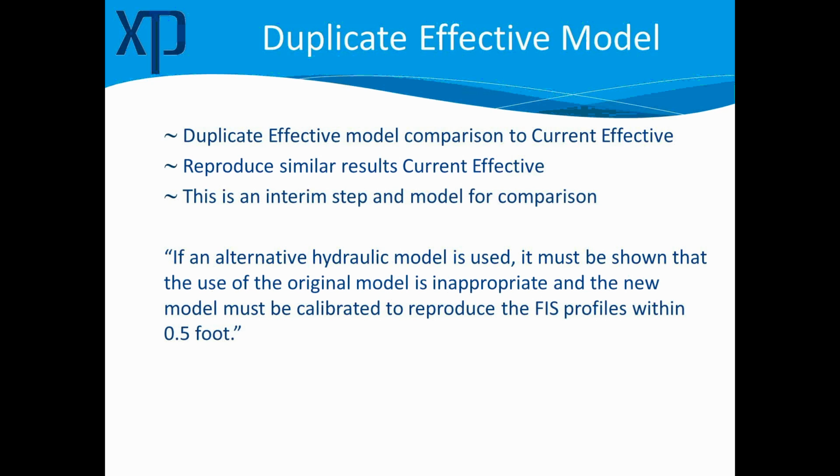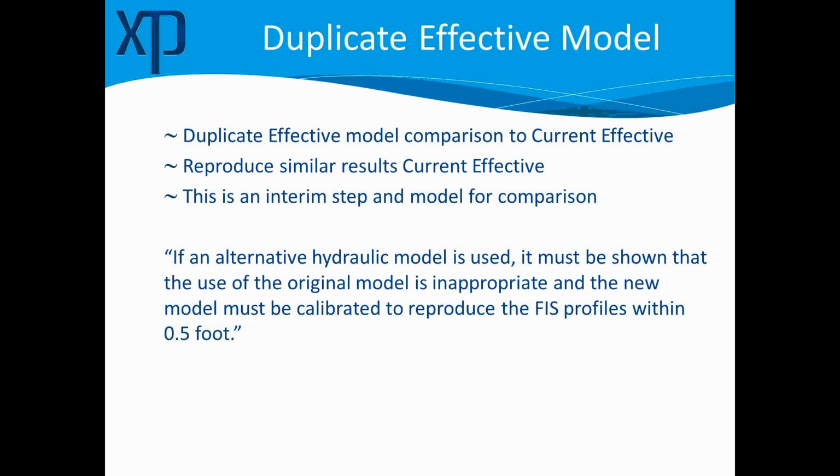It has to reproduce the FIS profiles to within 1/2 foot. That has been a challenge at times, I understand, because with a full dynamic model you're dealing with a full hydrograph, and so the routing is not the same as perhaps the old concepts of storage routing that were done in HEC-1.